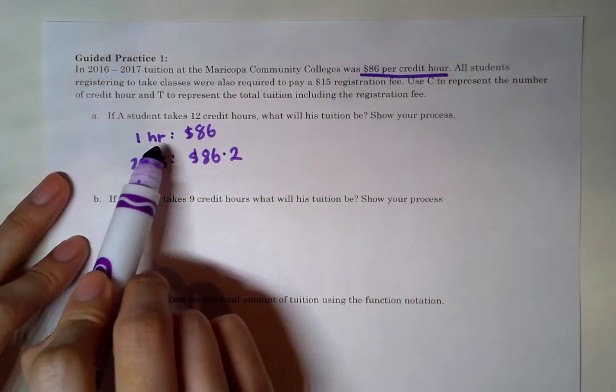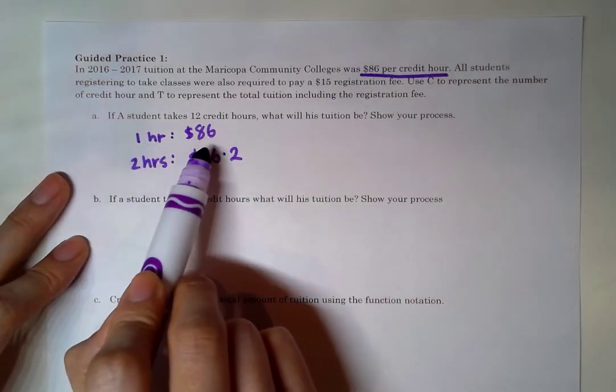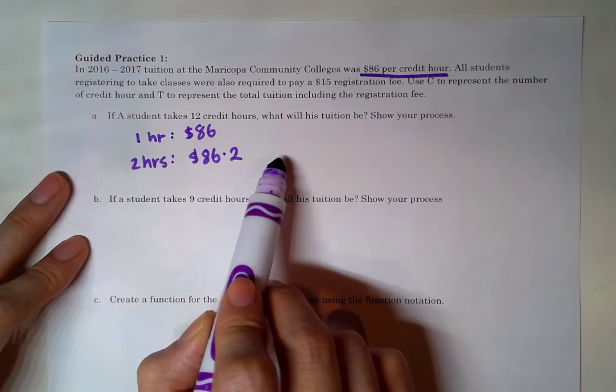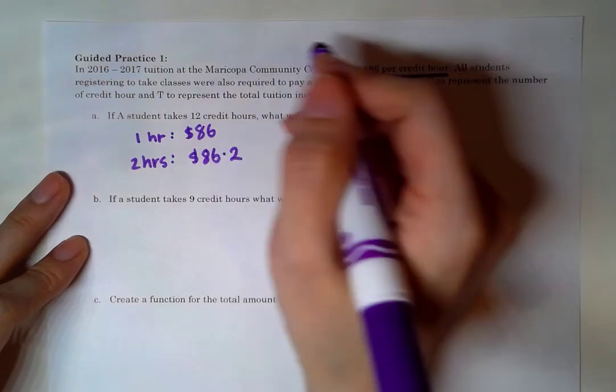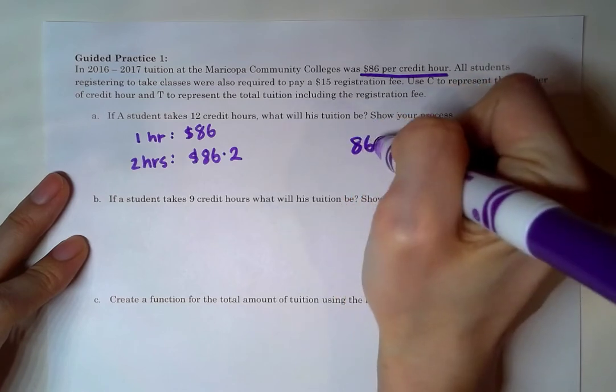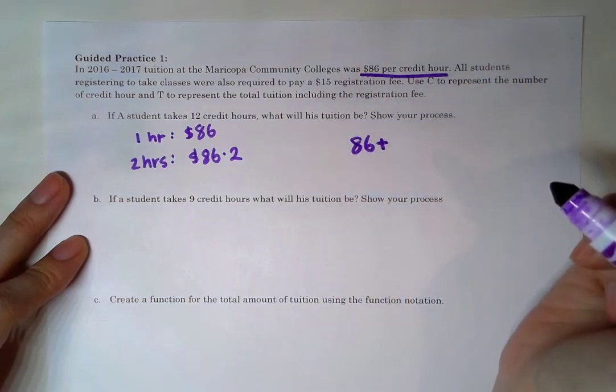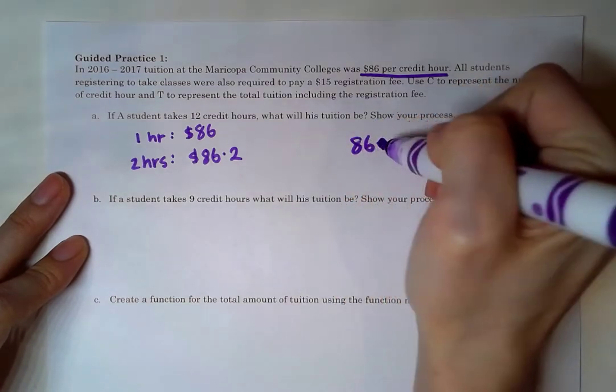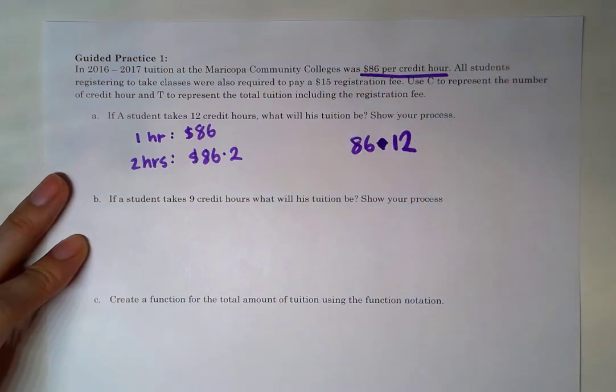This time the student takes 12 credit hours. Then what will his tuition be? It will be 86 times 12.